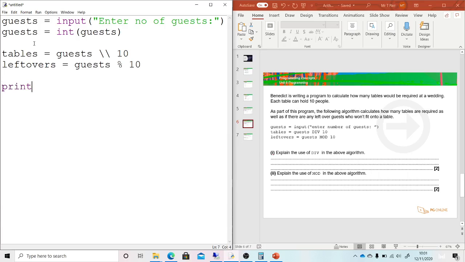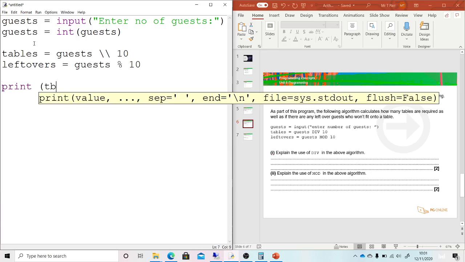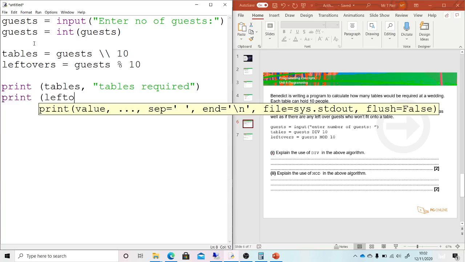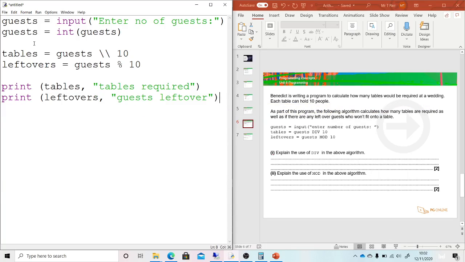So we can do print, and then we'll say tables, we'll just use a comma. Tables required, and we'll do leftovers, guests leftover. We can just get rid of those 3.